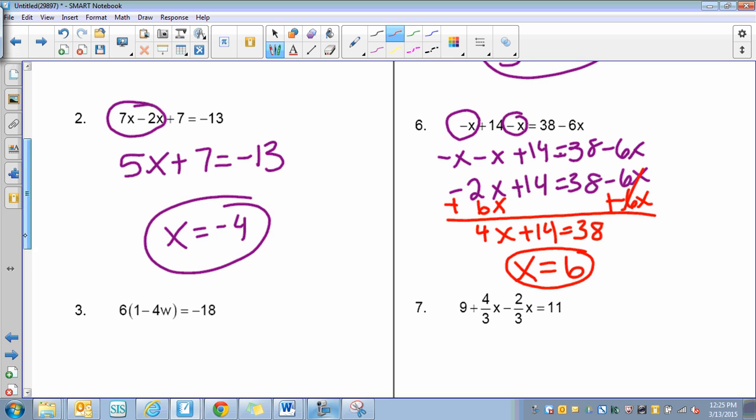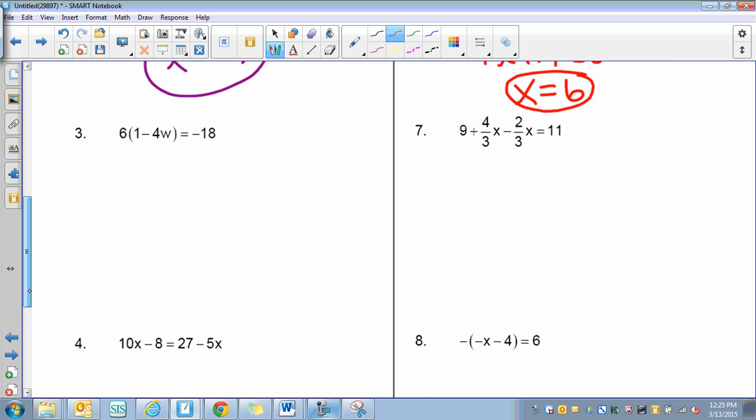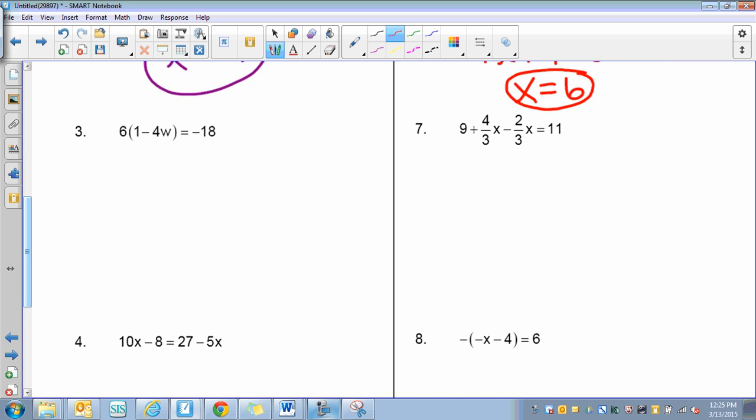For number 3, we have to apply the distributive property. So let's do 6 times 1 and 6 times 4w. So we have 6 minus 24w equals negative 18.